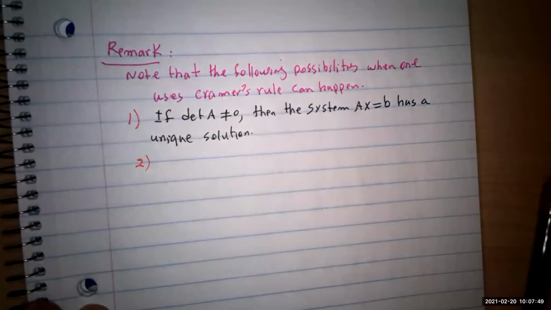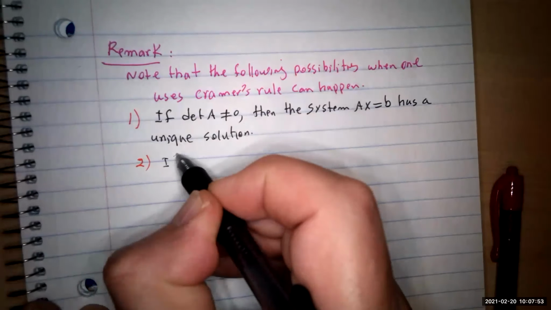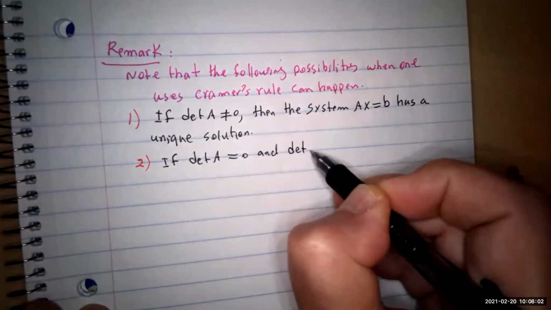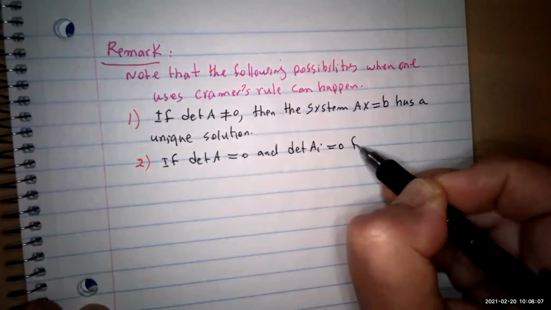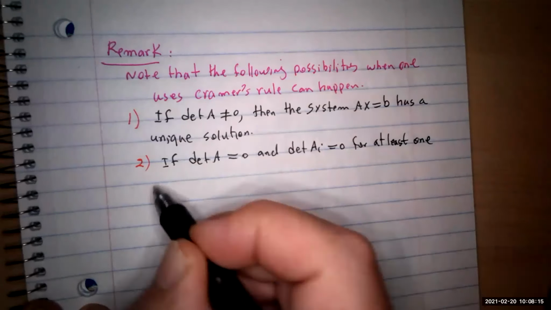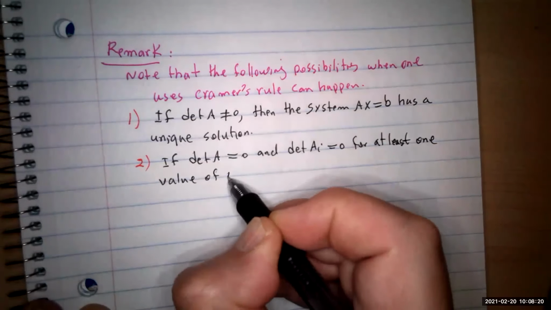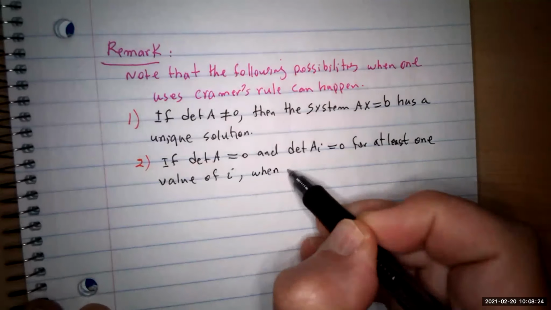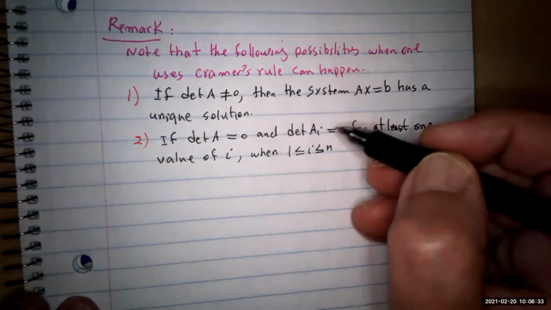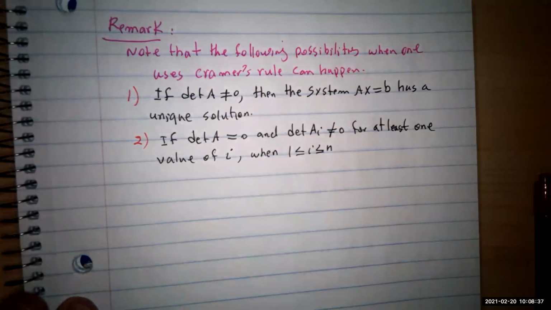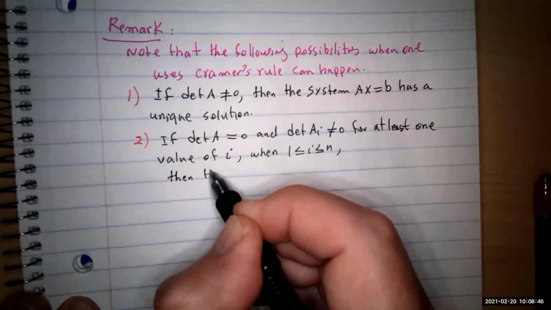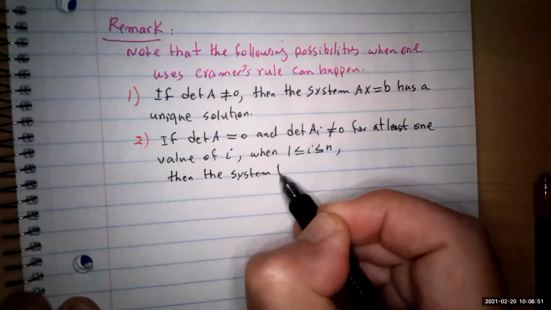The second one is the case that if the determinant of A is equal to zero and the determinant of A_i is not zero for at least one value of i, where i is between 1 and n, then you get something like 5 over 0, and the system has no solution.